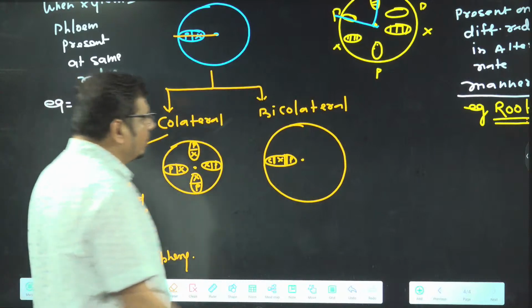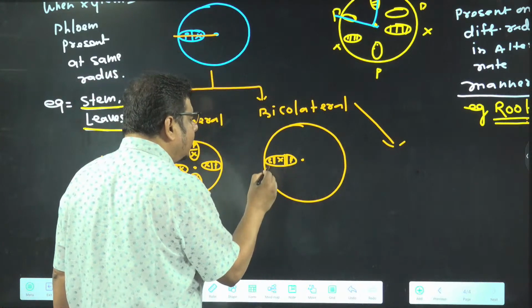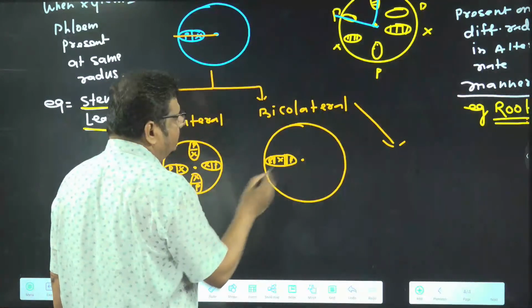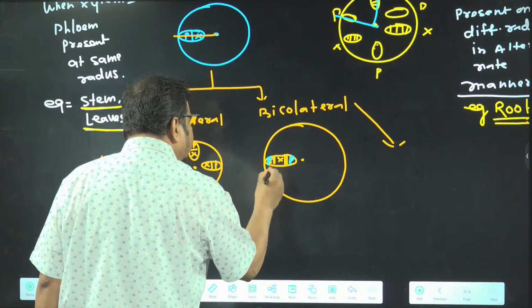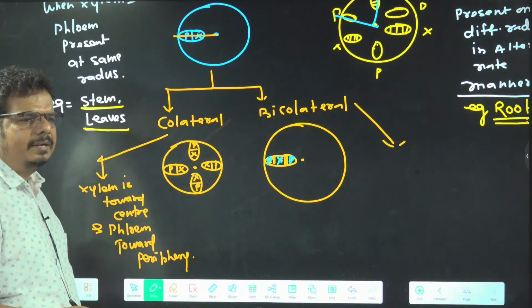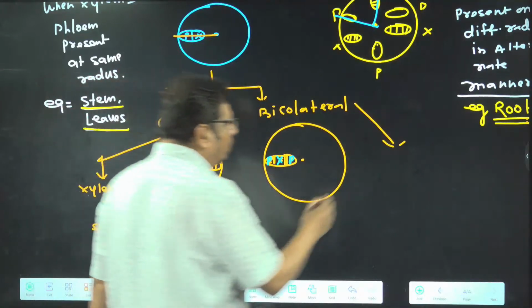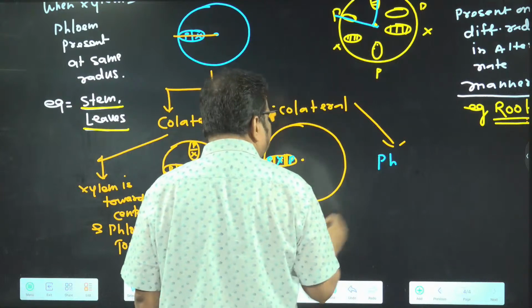Right? And in bicollateral, what are you finding in the diagram? Towards the center also, phloem is there. Phloem is present inside also, and phloem is present outside also. And in between the two phloem, who is there? Xylem is there. So in bicollateral, what are we finding?